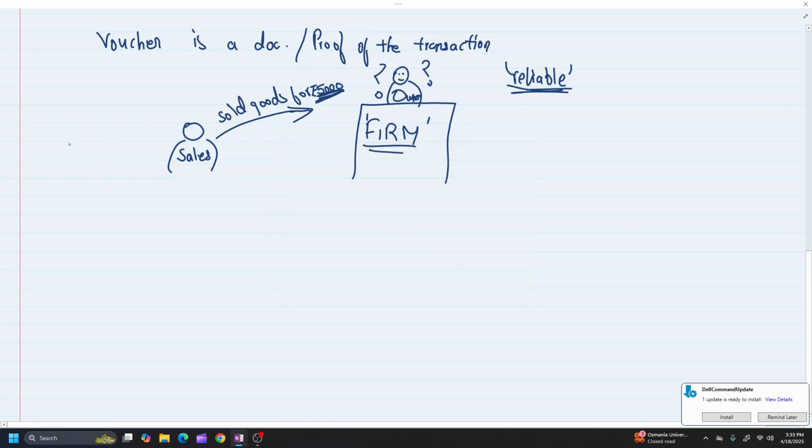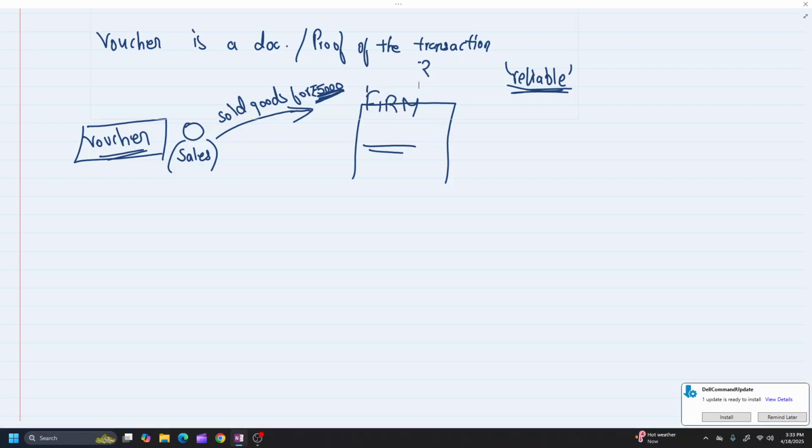For gaining the trust, he will have a voucher with him, due to which you will be happy, you will be able to trust him, because this voucher is nothing but the proof of the transaction, that yes, the sales of only 5,000 happened.